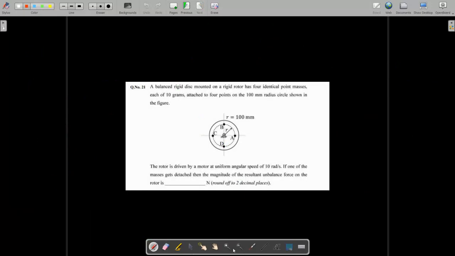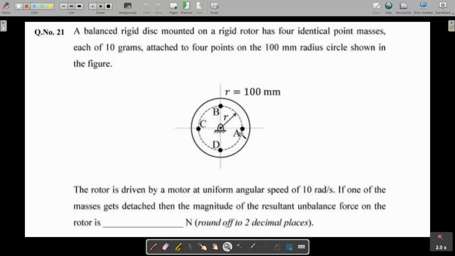Next question, this is very conceptual among all. The question is, a balanced rigid disk, underline the word balanced, on a rigid rotor. It has four identical point masses, each of 10 gram. That means mass is given.